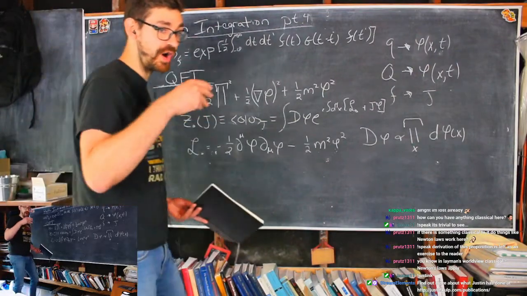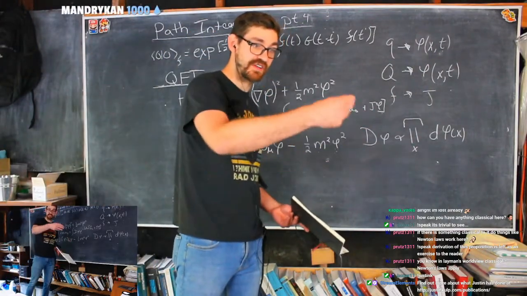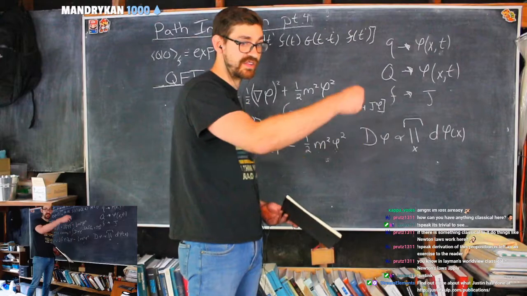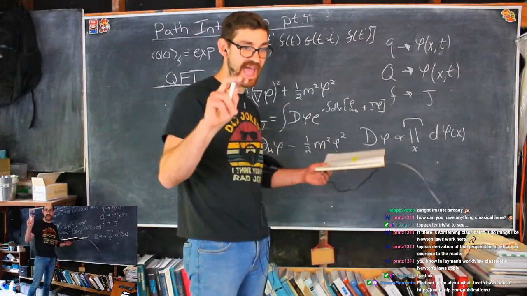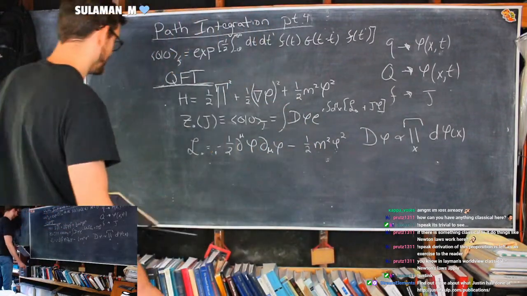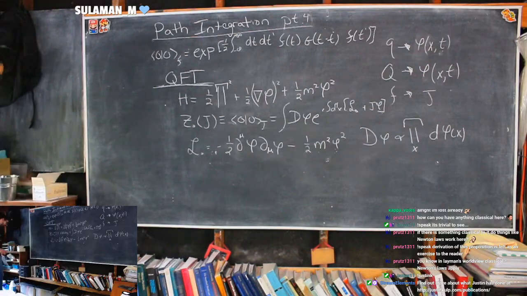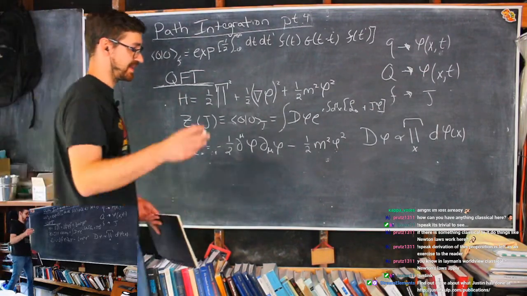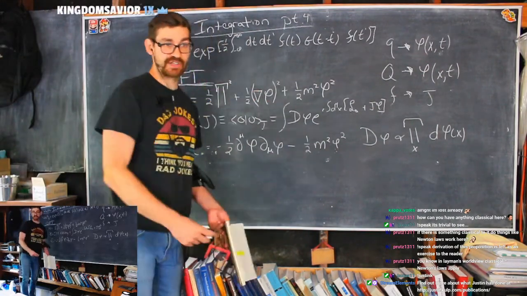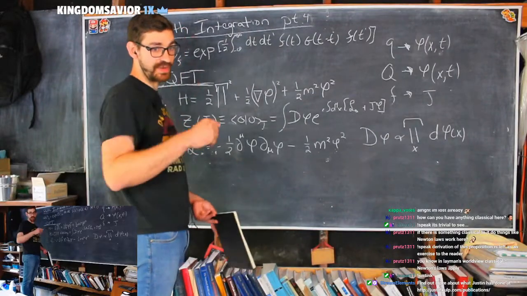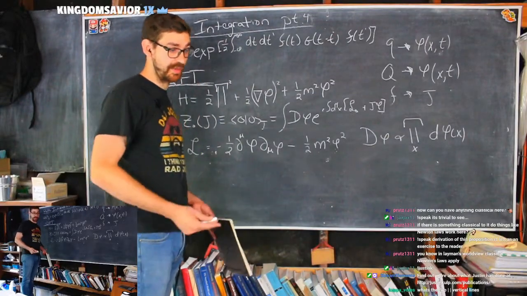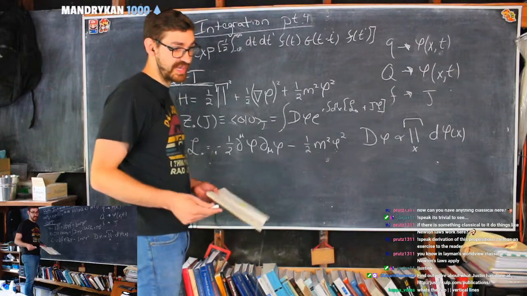We're integrating over all possible field configurations from start to finish. Those are the paths we're talking about. It's easy to think about these paths as being trajectories, because that's kind of what we start with when we start with QM.